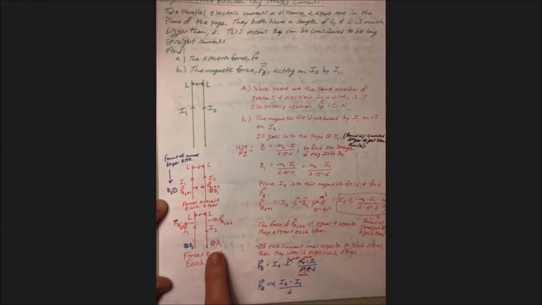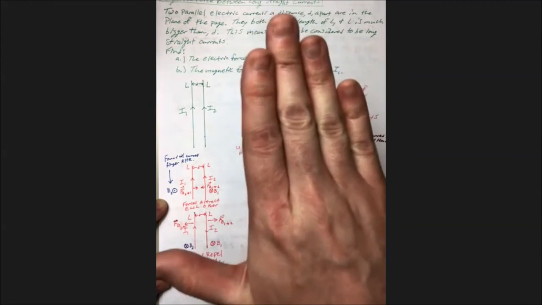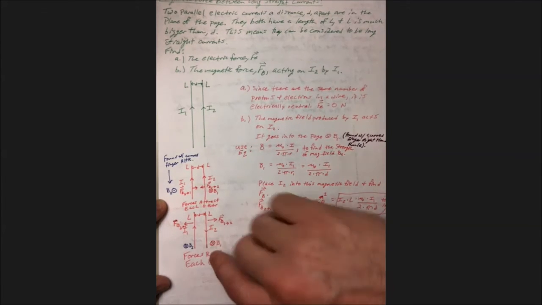So now, if I want to find out what the magnetic force 1 is, the force because of this magnetic field, I'm going to point with my right hand, my palm down into the page. Then I need to point my straight fingers in the direction of the current vector, so I'm going to point it like this. That means that my thumb is pointing to the right.